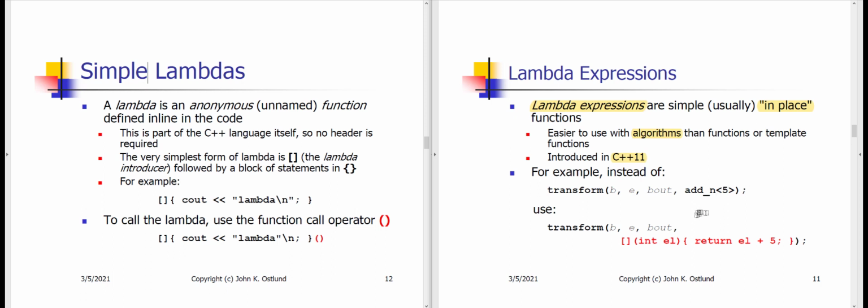Well, this is all very well as long as we remember what add_n5 means. If we have the code for the add_n5 template function handy, we can just refer to that function to see what the thing is doing. But much easier than that, instead of calling this add_n5 function, we can define a so-called lambda function, as illustrated right here.